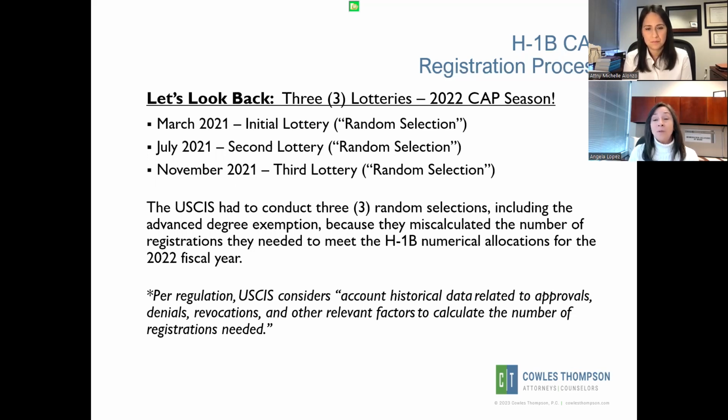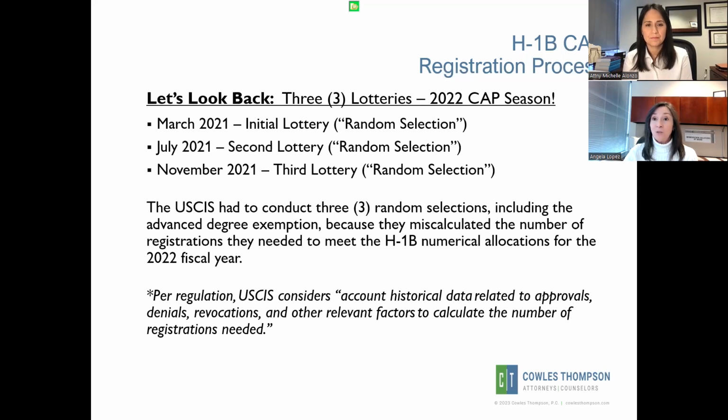According to the law, the Department of Immigration must consider historical data related to approvals, denials, revocations, and other relevant factors to calculate the number of registrations needed to fulfill the numerical limitation. So if you follow the lottery, then you see this happening in 2021 for the 2022 CAP year.